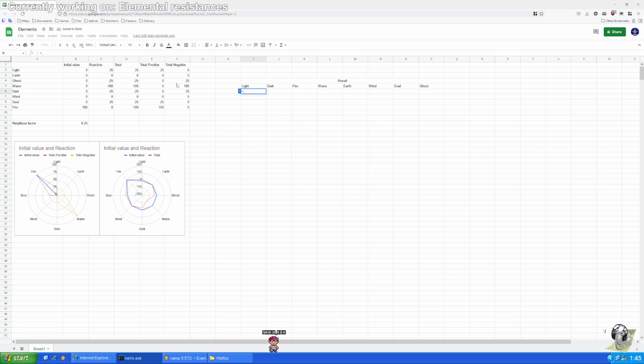So light is total of this, then dark is here, then fire is this one, then water is this one, earth, wind, soul, gusts.